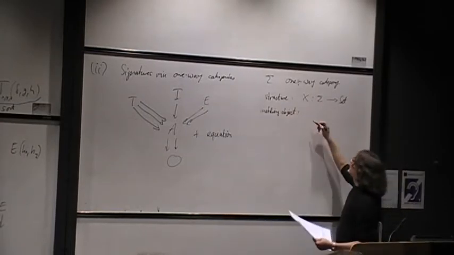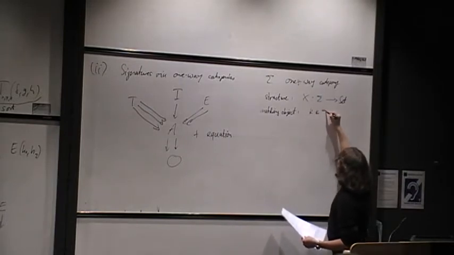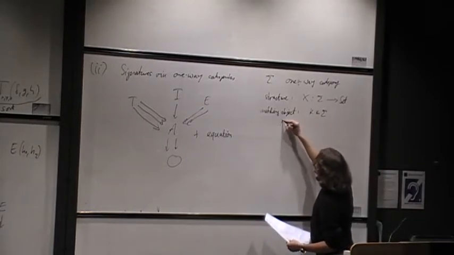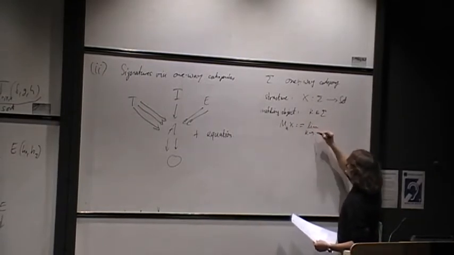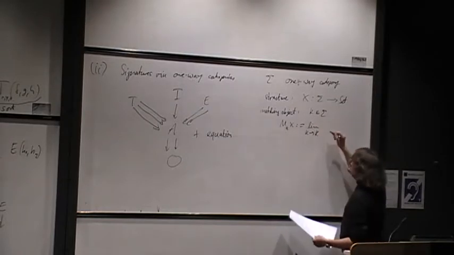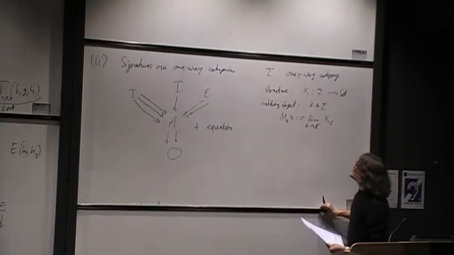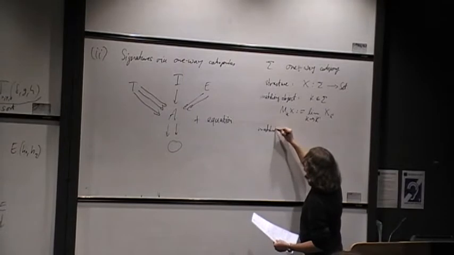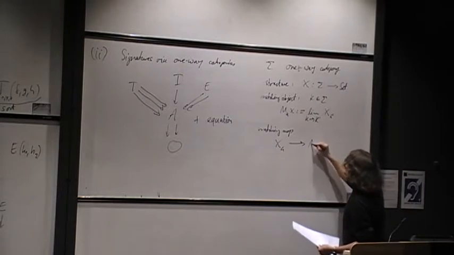Let K be an object in sigma, and X such a structure. Then the matching object MKX is defined to be the limit of all the arrows leaving K of X K prime. And of course I have a matching map from XK to MKX.